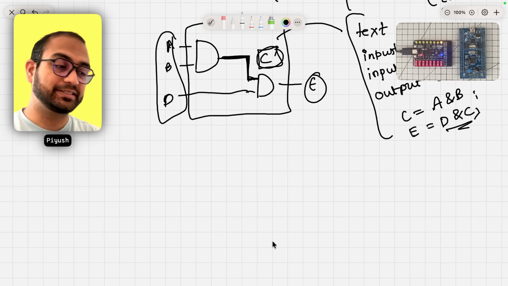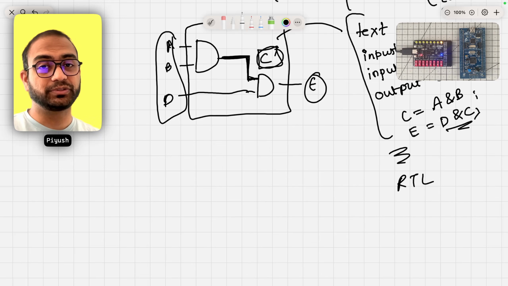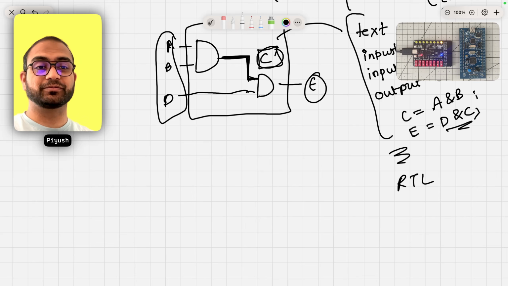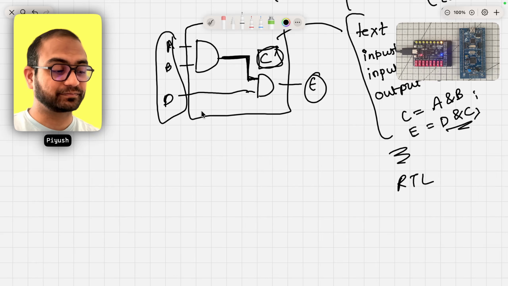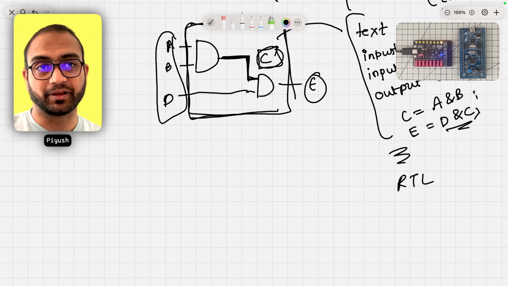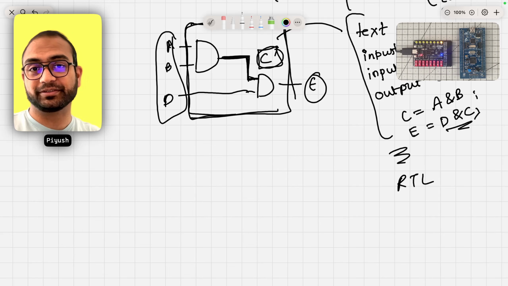Now, between sending the RTL to TSMC, the question is, can you check whether the hardware design you have created is doing the right thing? How do you debug?